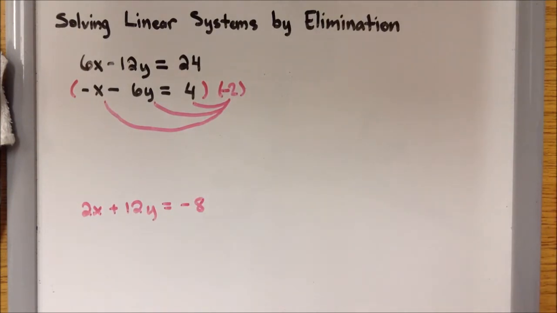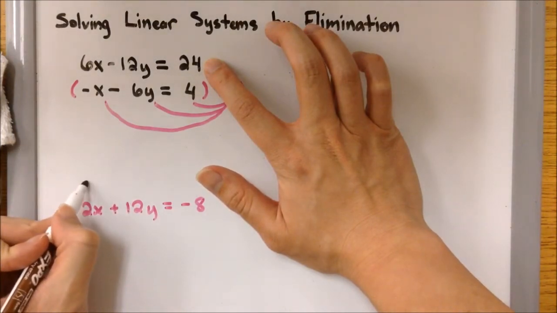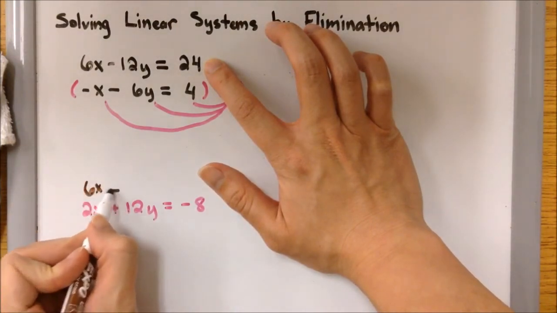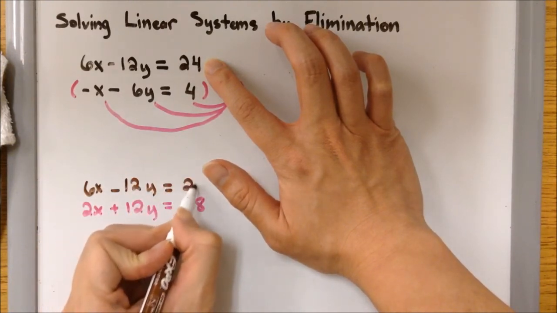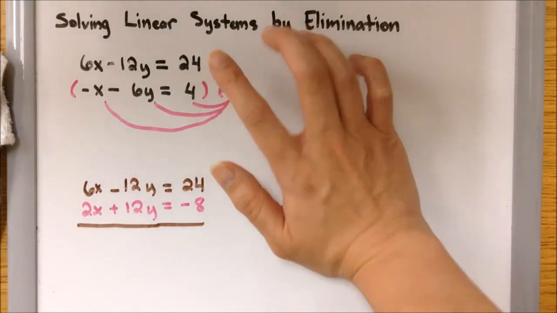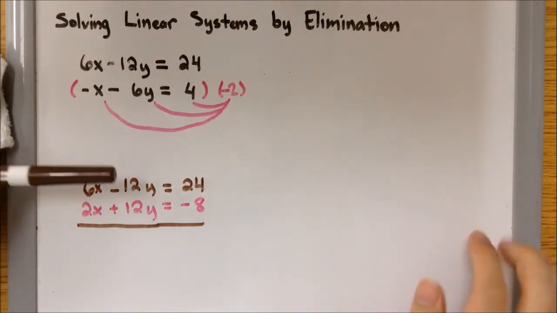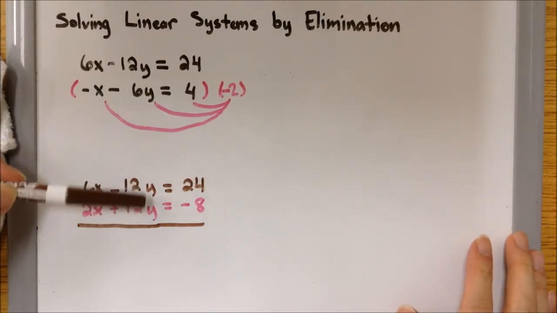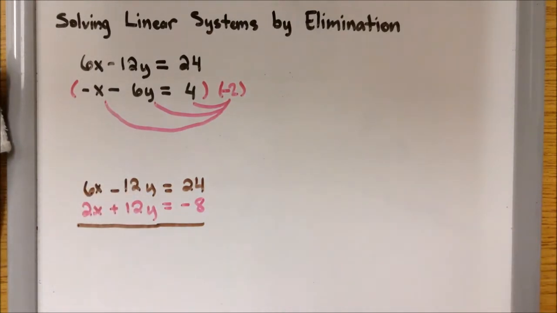So that's what the equation will look like after you multiply by -2. Then I'm going to bring down the first equation. Nothing changes, so it should stay the same: 6x minus 12y equals 24. I check: I want to cancel out the y, so it's the same variable, the same number, and the opposite sign. So that's good. The 12y's are going to be canceled out.